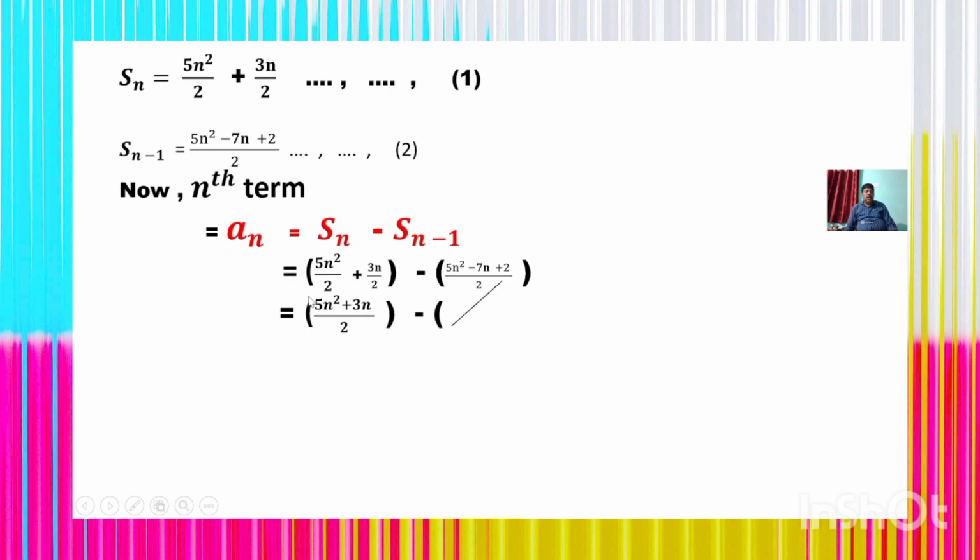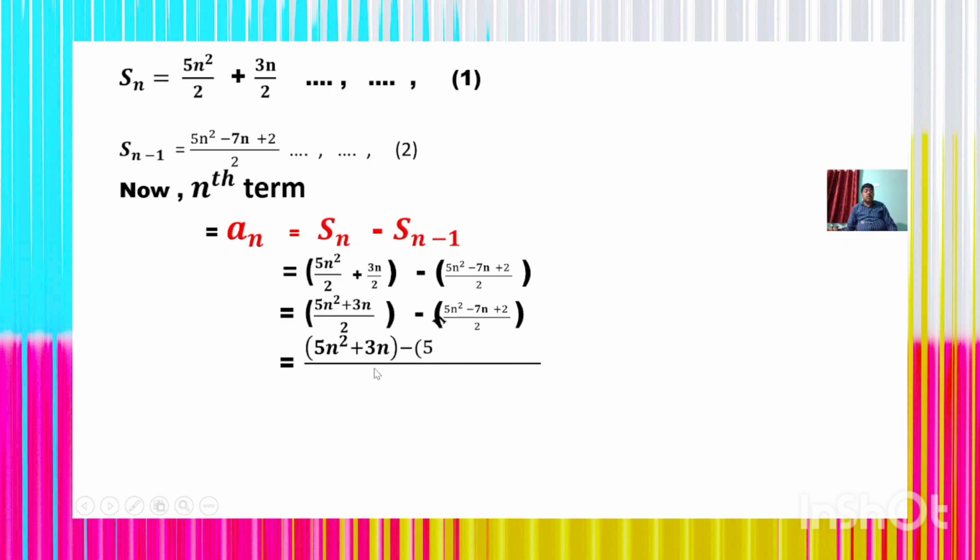Now, we have to find out the general term of the AP, the nth term of the AP, which is an. Using the formula, note down this formula, an is equal to Sn minus Sn minus 1. The value of Sn is 5n square by 2 plus 3n by 2, minus the value of Sn minus 1, which is 5n square minus 7n plus 2 whole divided by 2. Now you can take the LCM using the bracket. It will be 5n square plus 3n by 2 minus 5n square minus 7n plus 2 whole divided by 2.